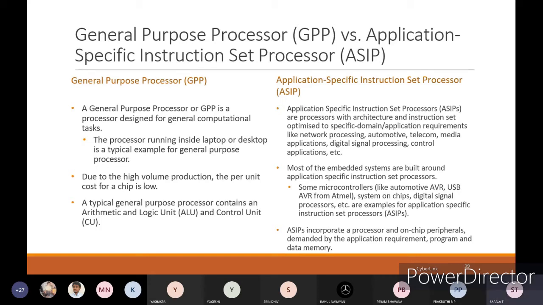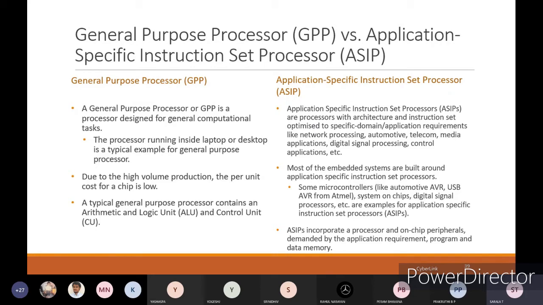If you are going for general purpose processors, the memory area, the processors used and all the peripherals used are general; you can't change them with respect to the application.